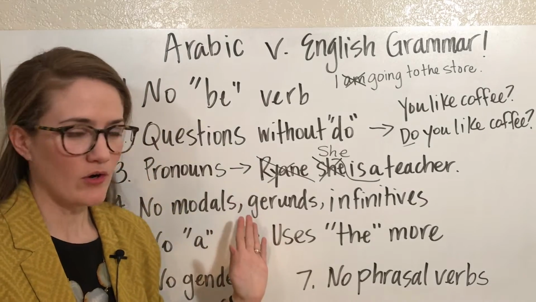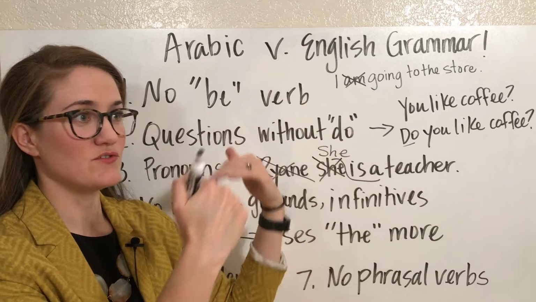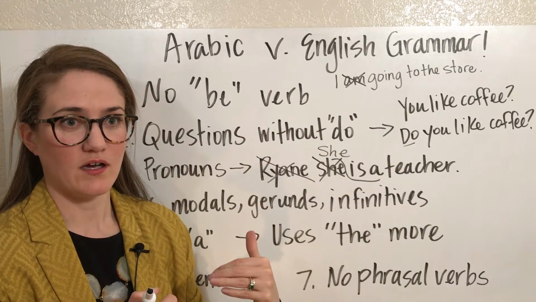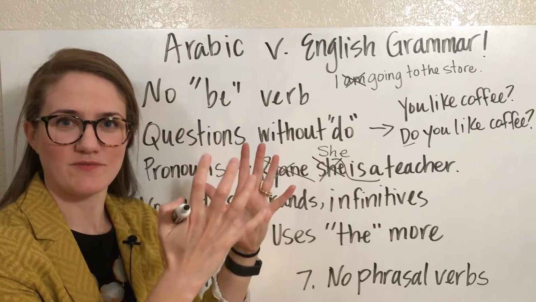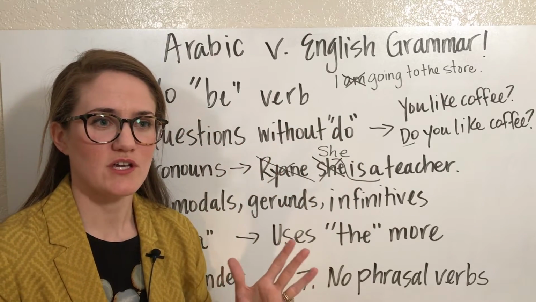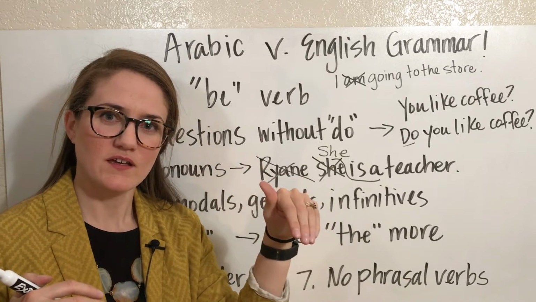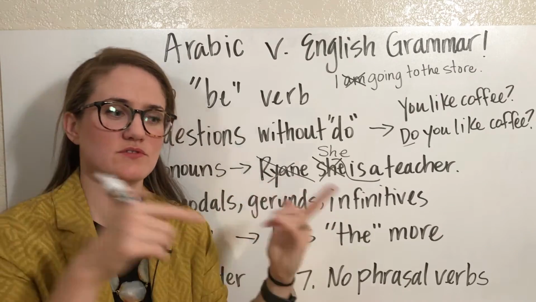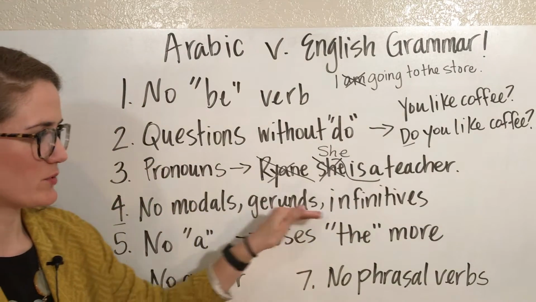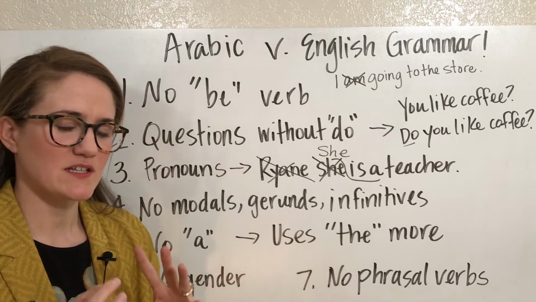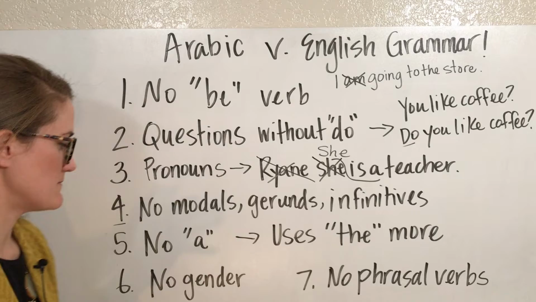But what you need to know when you go to English class is that you're going to learn this new way to say the same thing, and you need to kind of make space, right? When you learn a new language, you learn a new grammar pattern that's not equal to the grammar in your language. So Arabic speakers need to study and practice these and understand that it's not going to translate very well between the two languages.